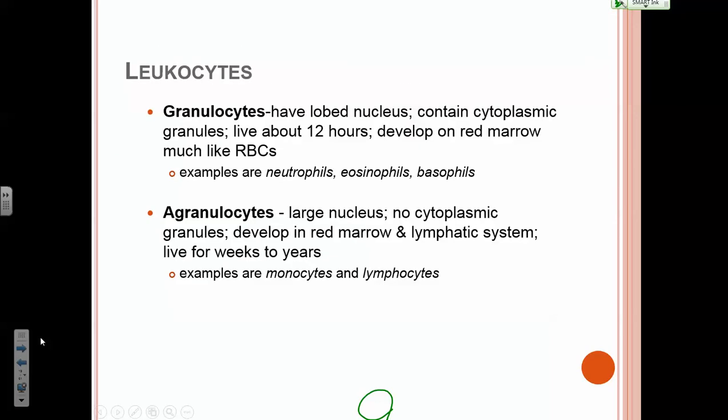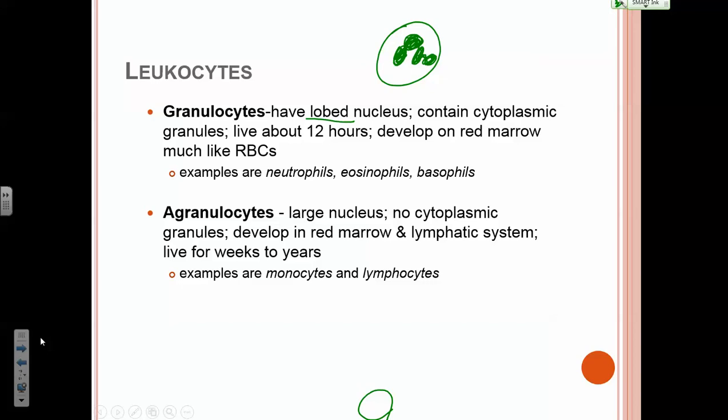And so when we look at the granulocytes, they tend to have what we call a lobed nucleus. So if there's the cell membrane, instead of the nucleus being a nice little round nucleus, it may look real lumpy. It may have 2 lobes, it may have 5 or 6 lobes in it. And sometimes just the way it's positioned, and when you're looking at it in 2 dimensions, it looks like they may be separate nuclei, but it's all connected.